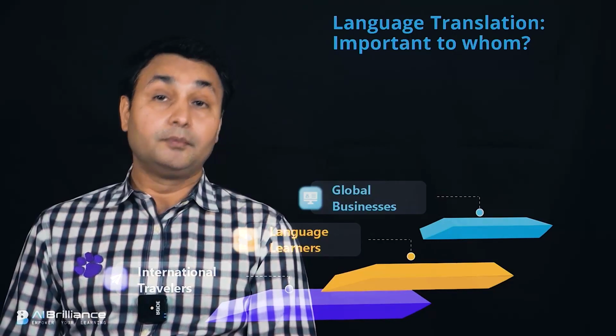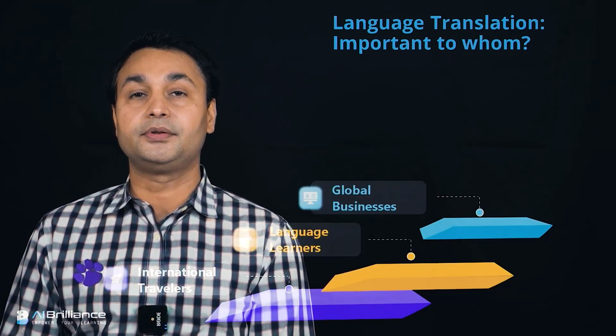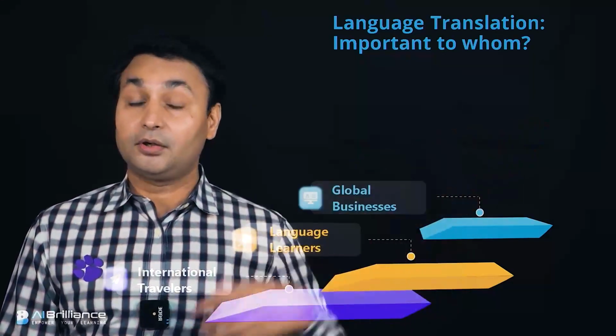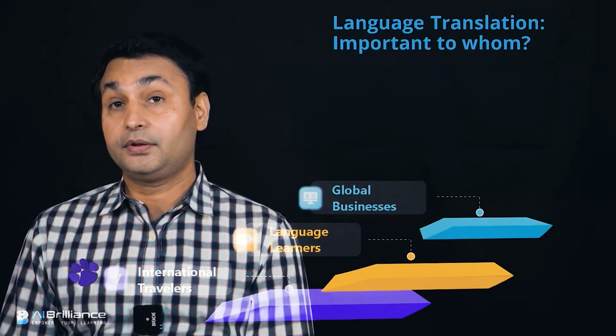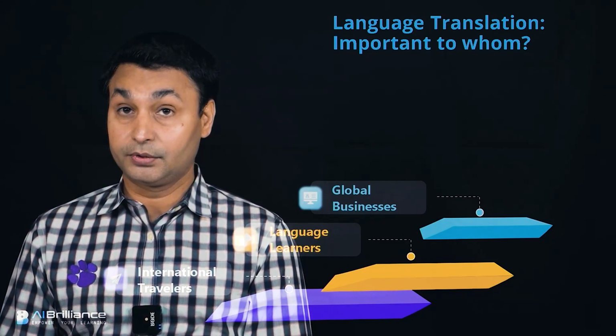Global businesses operate across multiple different countries, for example in the US, South America, North America, Canada, or in China, India, or Europe. Each of these countries has different languages, and sometimes you have to cater to the customer in those countries.